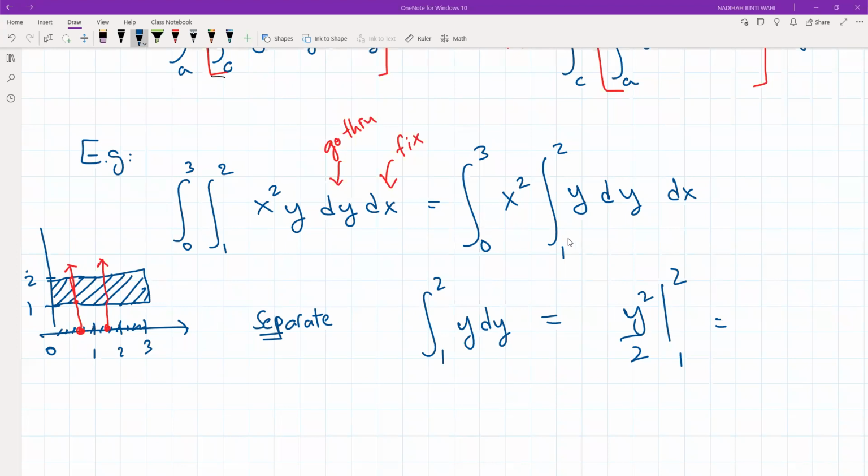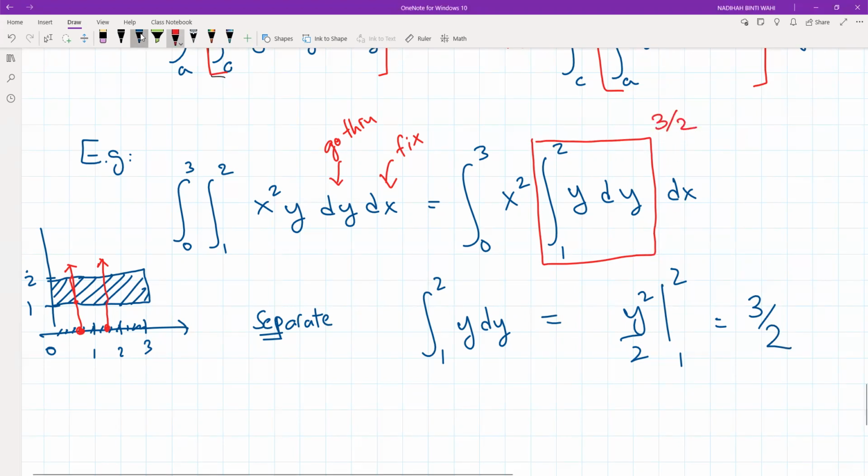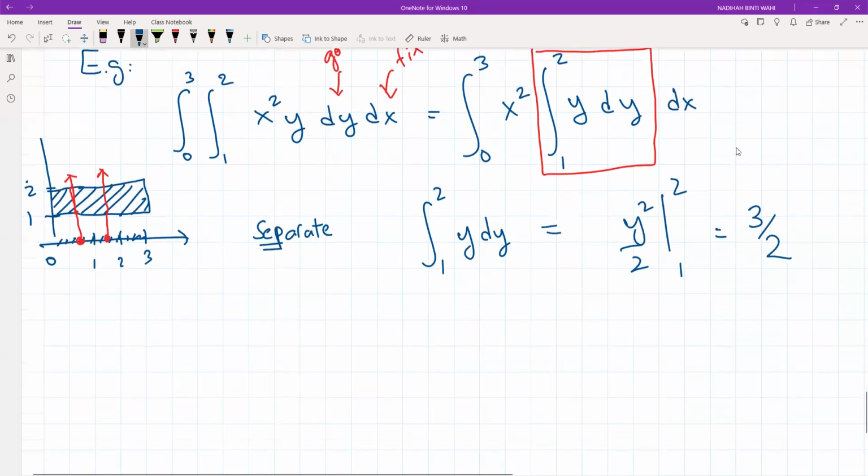Okay, so 3/2. So this is 3/2. Because 2 squared is 4, 4 minus 1 is 3. So 3 over 2. So the value of this integration yang kat sini is 3 over 2.